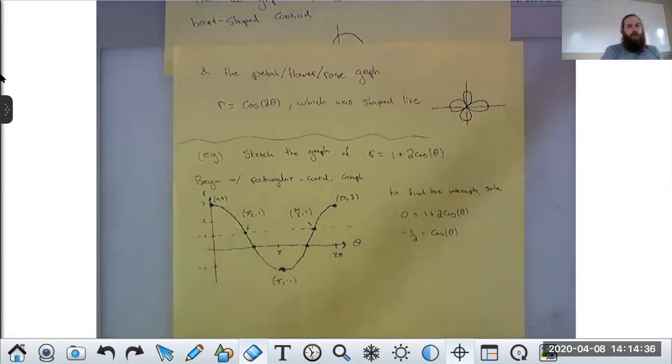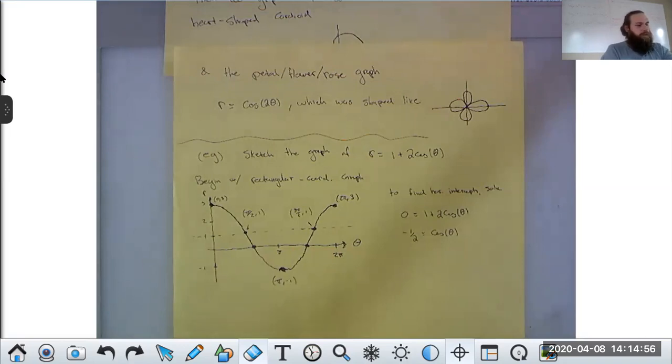So where is cosine equal to -1/2? Well, cosine's that x-coordinate on the unit circle, so I have to rotate past pi over 2. And then how far past pi over 2 do I have to rotate? Oh, just a little bit, right? It's not the √3/2 one, it's the 1/2 one.